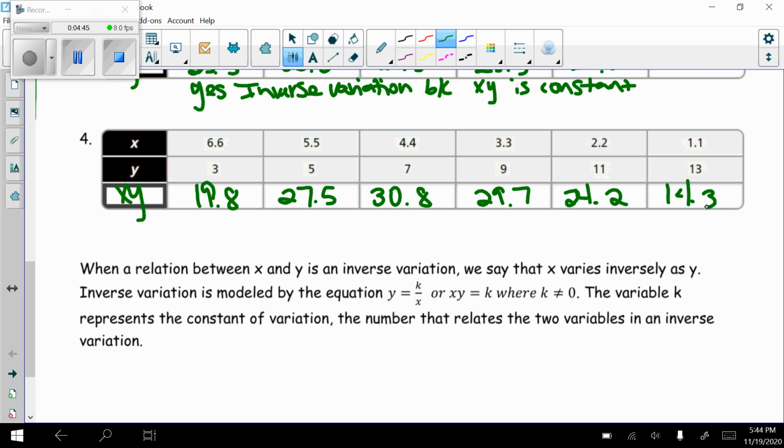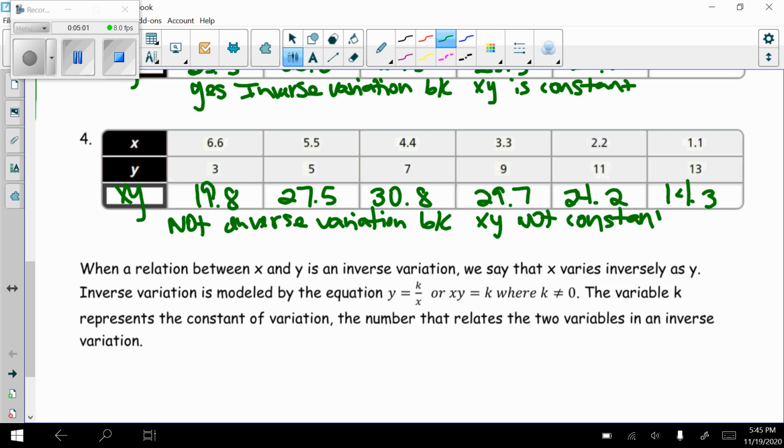I did not get the same thing each time, so not an inverse variation, because xy is not constant.